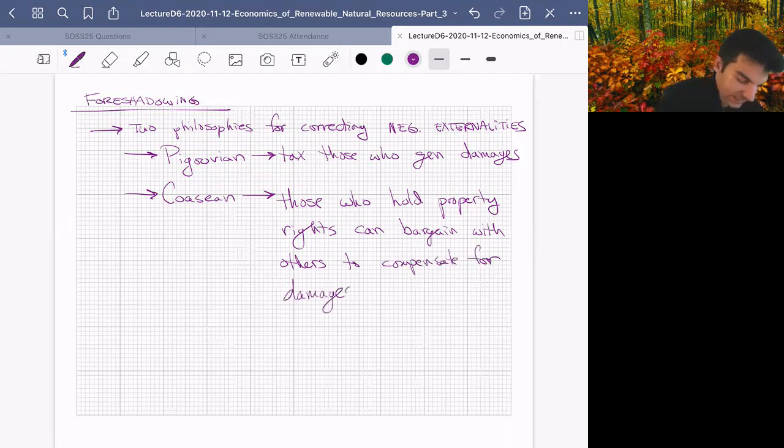And so the idea here is that in the Coasean approach, if there's pollution that is coming into a town, then you could have that if the property rights for the town are well maintained.